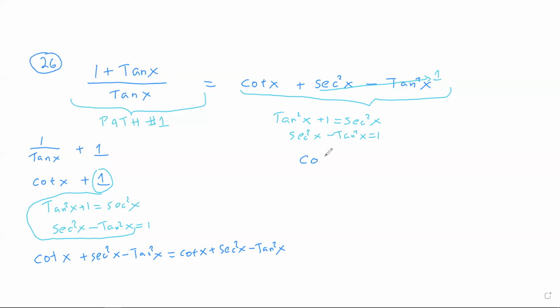That would mean that cotangent of x plus 1. Cotangent is 1 divided by tangent, plus 1. We join these two: tangent of x, we have 1 plus tangent of x, which is exactly the same thing we had on the left.